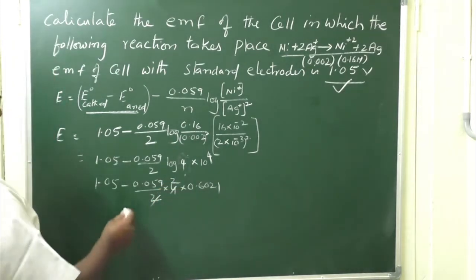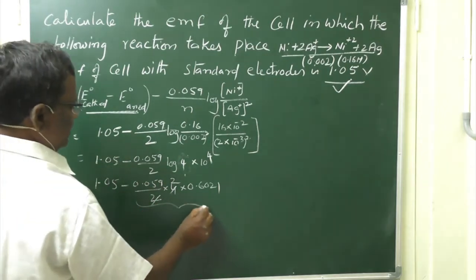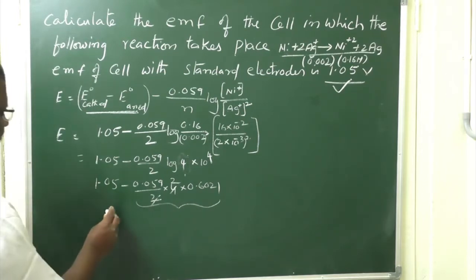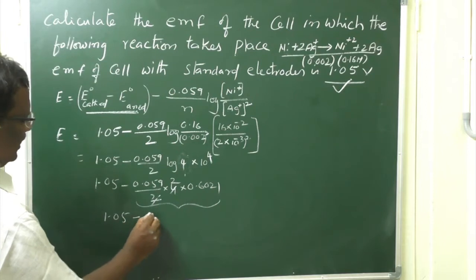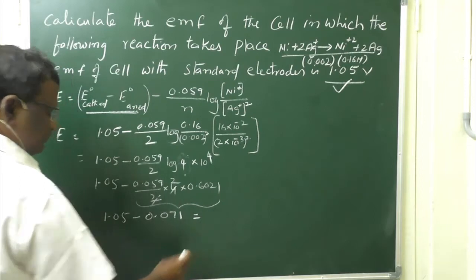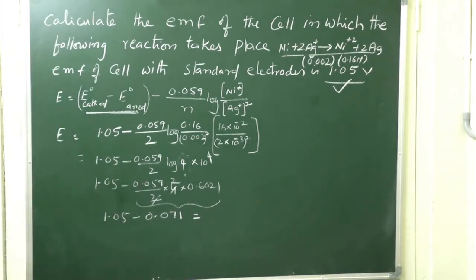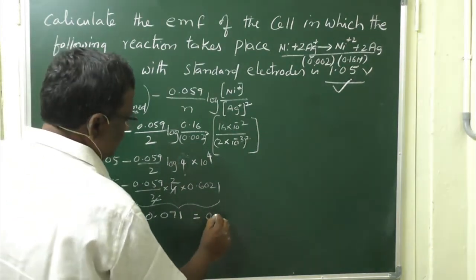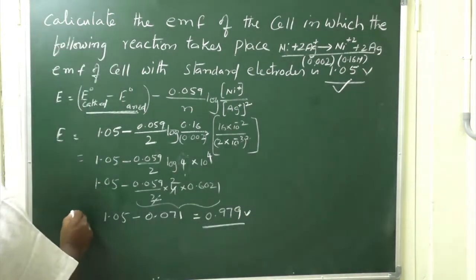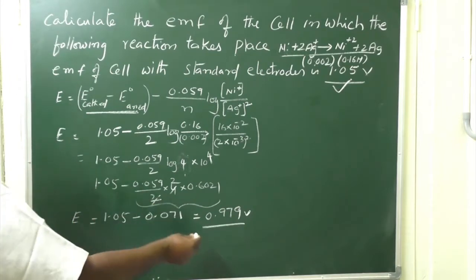So, on substituting these, 0.059 into 2 into 0.6021, you will get 0.071, that will be 1.05 minus 0.071. Now, it will be 0.979 volts. So, this will be the EMF of the cell.